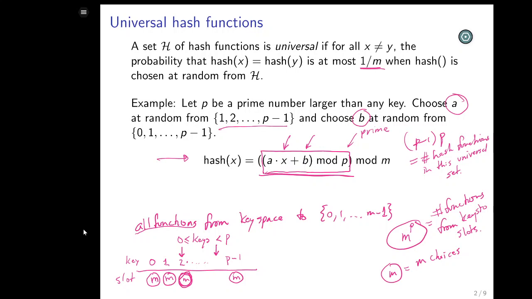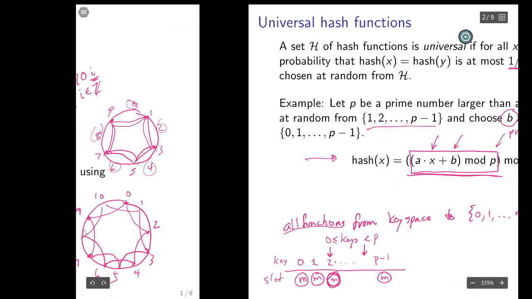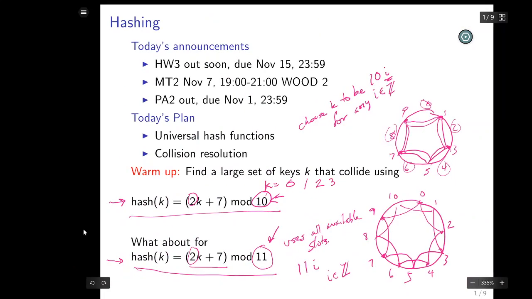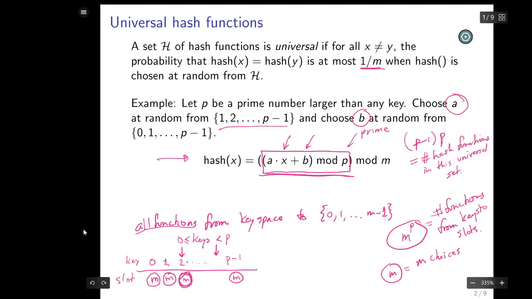So what is A? A is a randomly chosen value that's doing the multiplication times the key. So that's like randomly choosing a step size around the circle. B is a randomly chosen starting position. If I just look at the part that's in the box, basically I'm shifting a circular, spirograph-like picture around the cycle, and I'm getting every one of the possible outcomes equally likely.